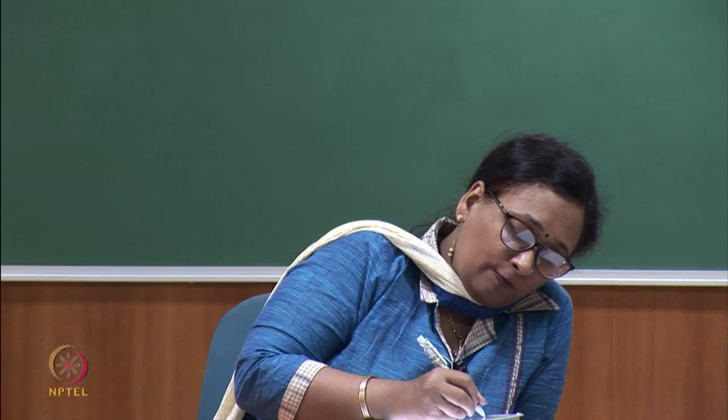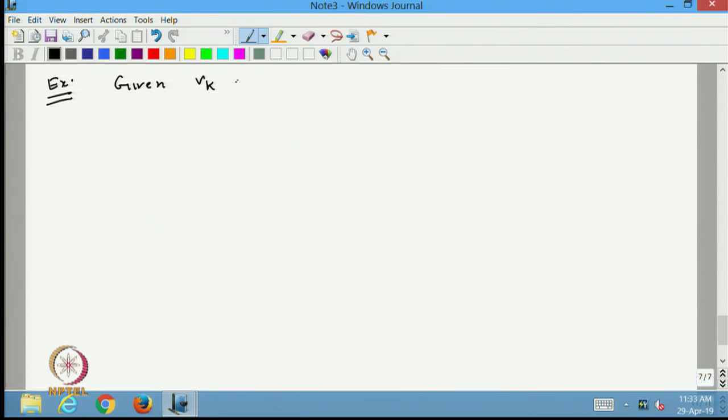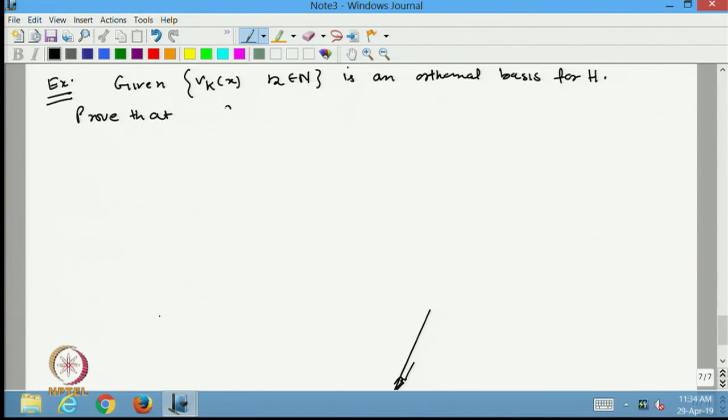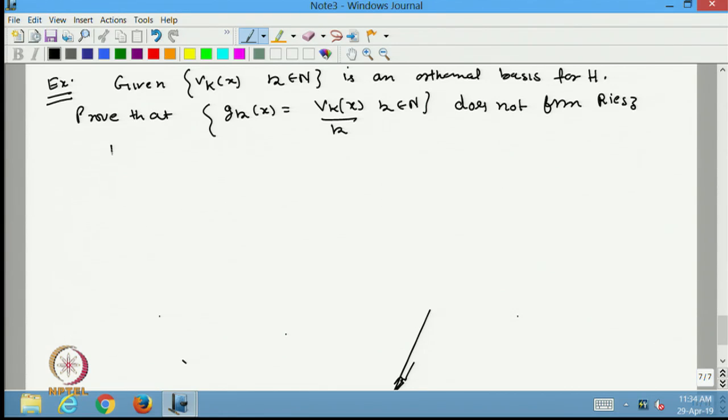Now, let me work out one example. Given Vkx, here I am working with the index set N, which is the set of natural numbers, is an orthonormal basis for H. Then prove that it does not form a Riesz basis for H. Okay.